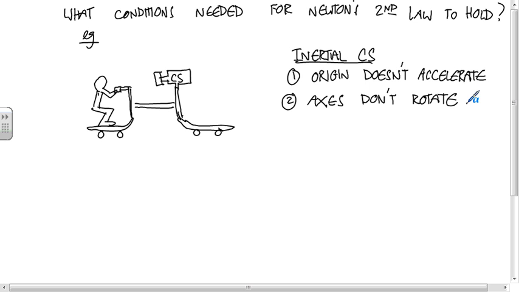Okay, so if these are moving with a constant velocity, say these are moving just straight to the right with a constant speed, and they're not changing directions, then this camera represents an inertial coordinate system.